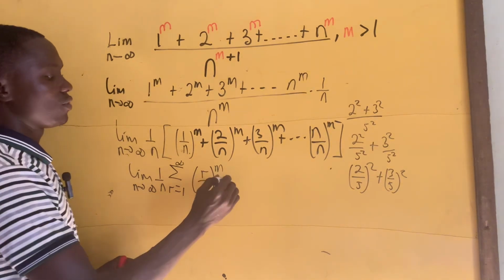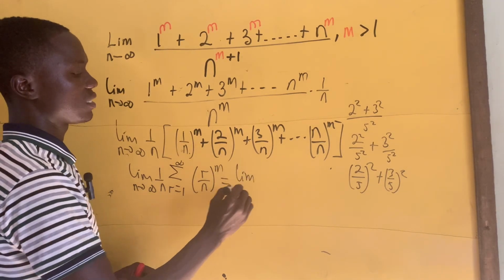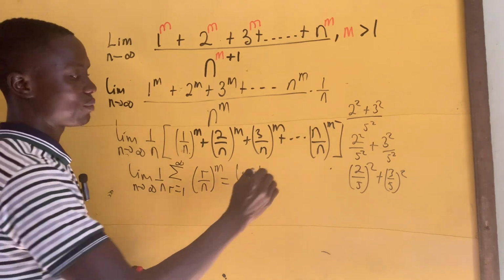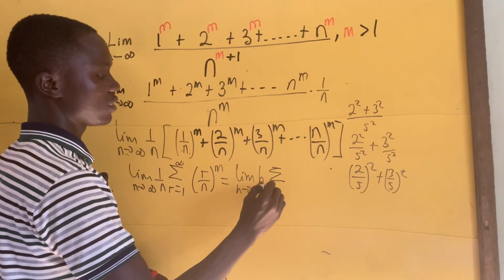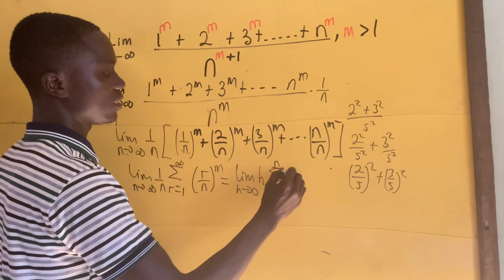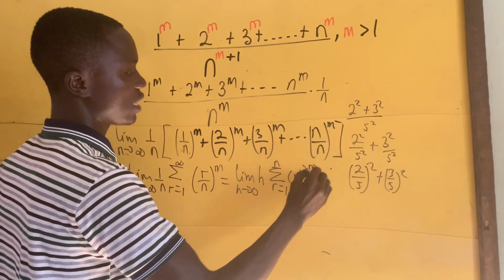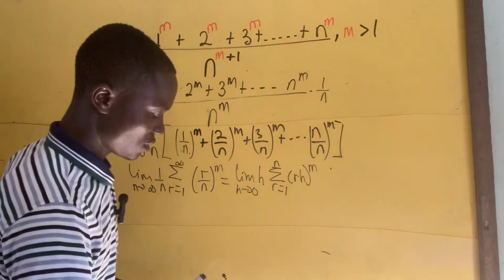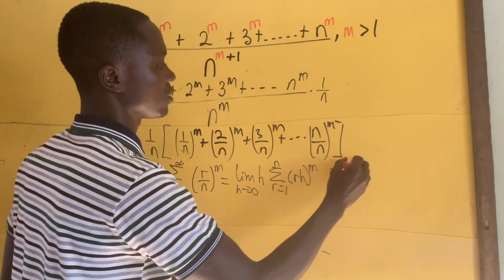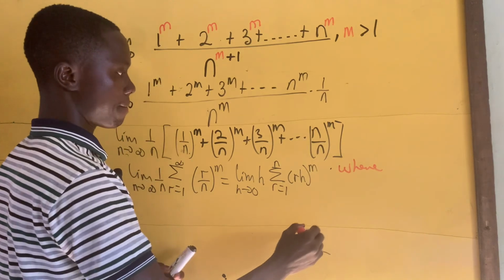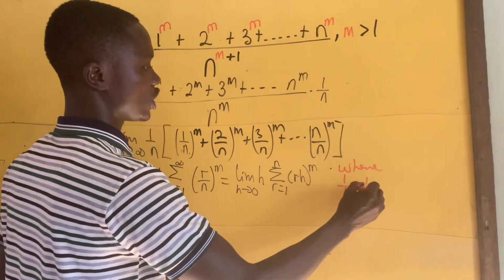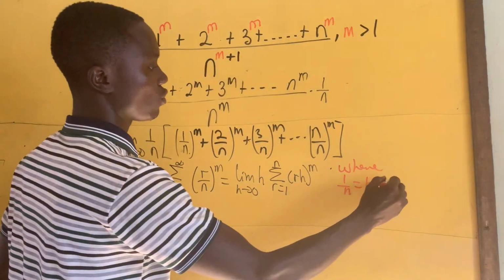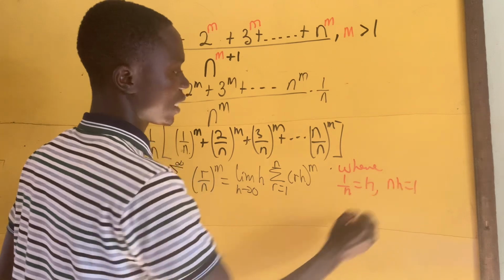So from here, we're going to say that this is the same as the limit as h approaches 0 of h times the summation from r equals 1 up to n of (rh) power m. So here we take that 1 on n equals h, or we have nh equals 1.